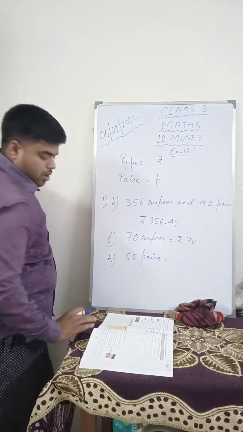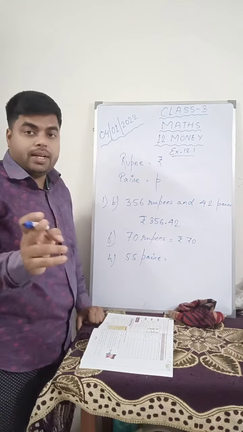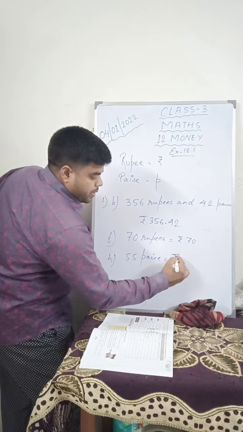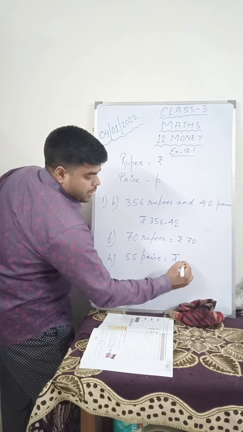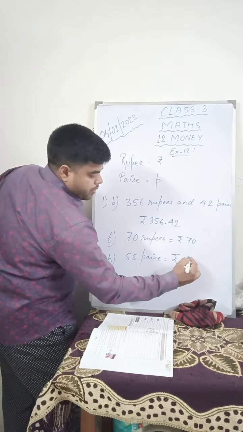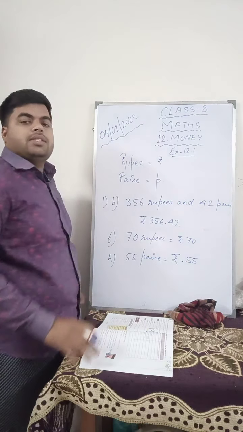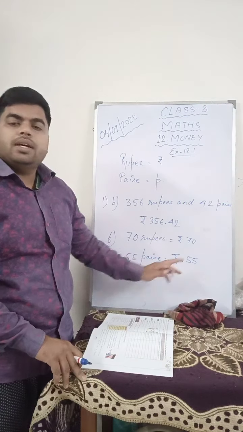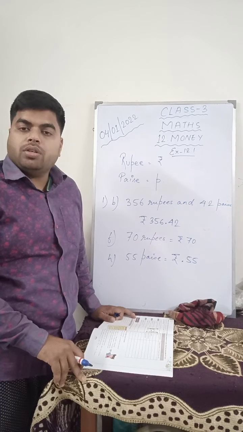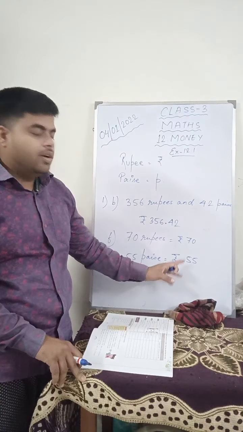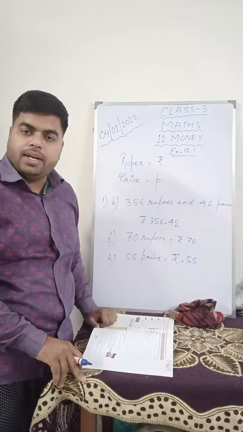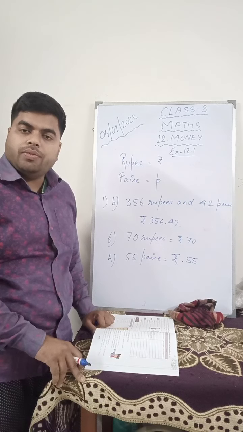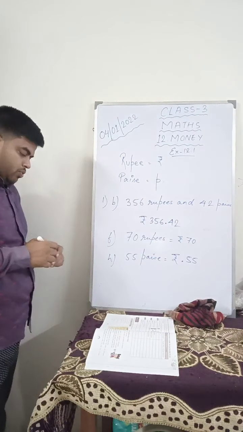In this case, whatever is after the decimal is paisa, so you put the rupees symbol, then immediately the decimal and 55. This tells you that this is 55 paisa, because we have written 55 after the decimal. I hope children all of you have understood. Let us start with question number 2.